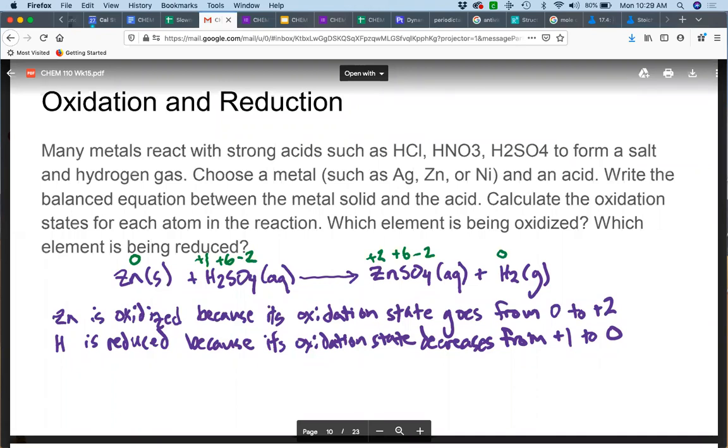The next task that I'm being asked to do is to think about the oxidation states of my reactants and my products. Now, this is something where you actually have a resource that's available to you. If you recall, from exam 1, you had a handout that allowed you to determine the oxidation states based on oxidation state rules. Eventually, you're going to practice this to the point where you know those rules off the top of your head.